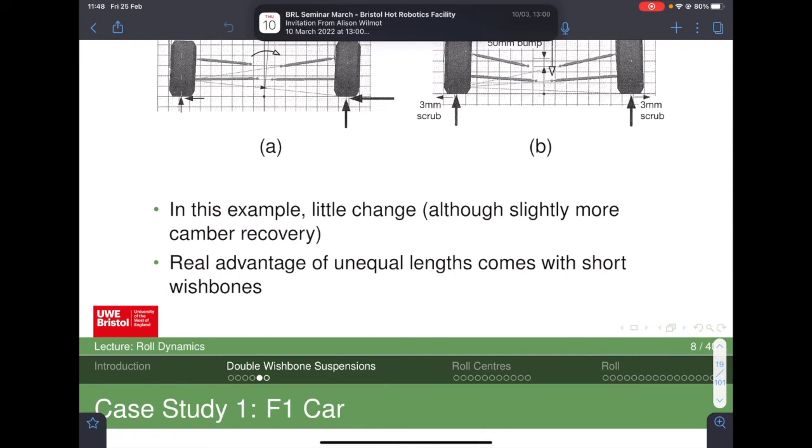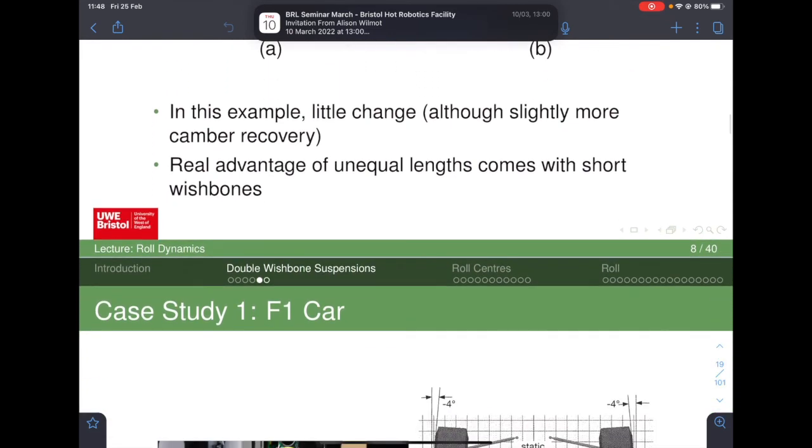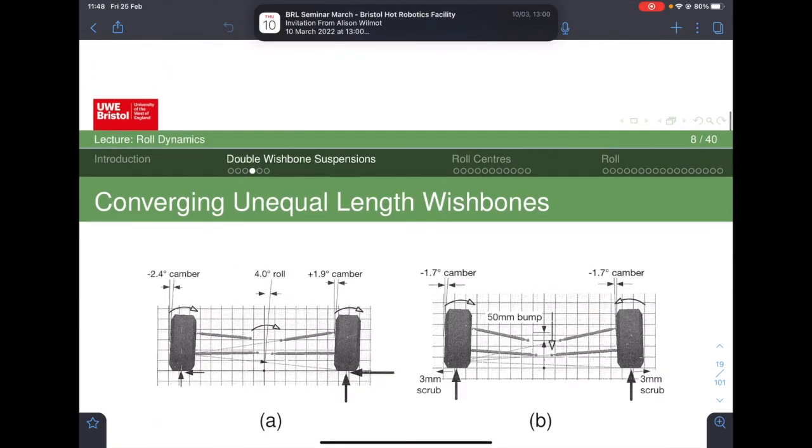And the real advantage of the unequal length comes with short wishbones. Okay, so obviously these are quite long wishbones, with the body being very narrow. Okay, that's the benefit. So when you've got as much space with these sorts of wishbones, that's quite a significant change.